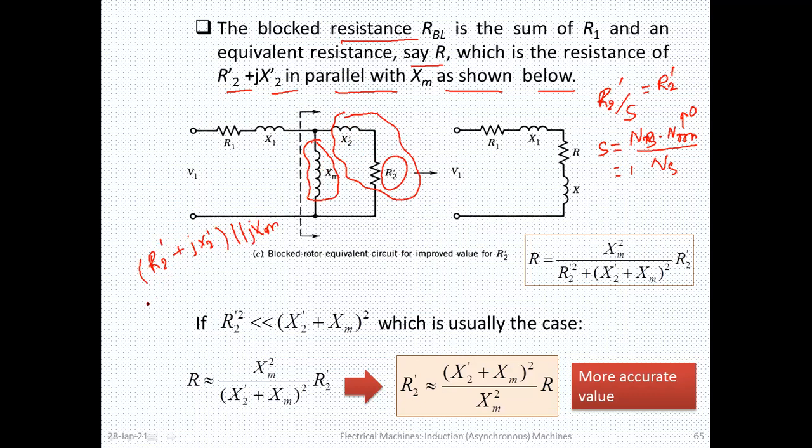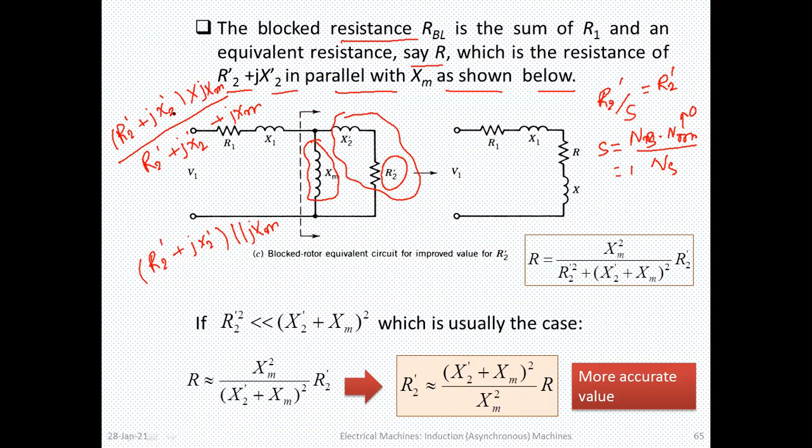So its equivalent impedance we can find by multiplying: (R2 dash plus jX2 dash) into jXm, divided by R2 dash plus jX2 dash plus jXm. This is the equivalent impedance seen from this terminal. It has a real part and an imaginary part also.